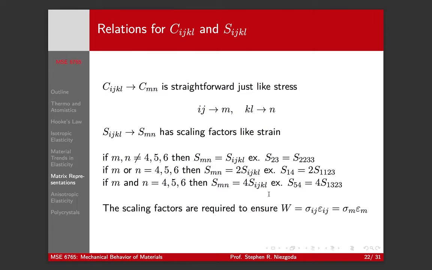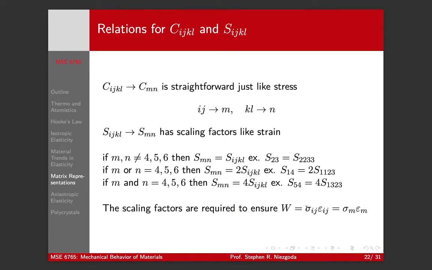And these scaling factors are in there for a couple different things, right? We want to ensure that stiffness and compliance are related by inverses. We want to ensure that they are symmetric.